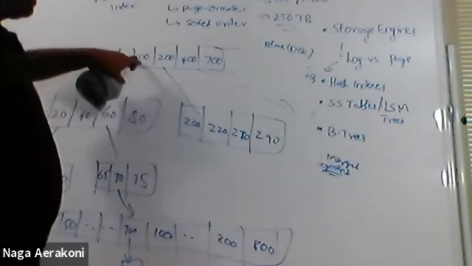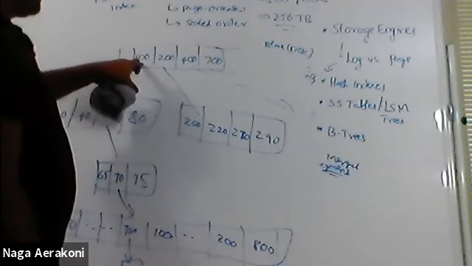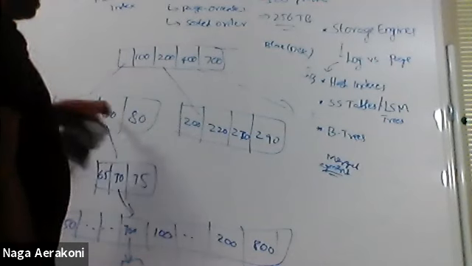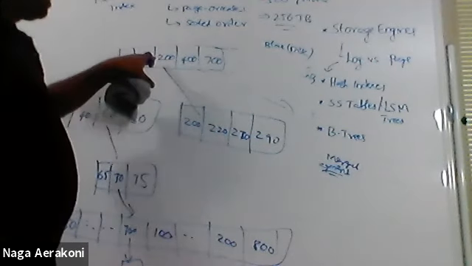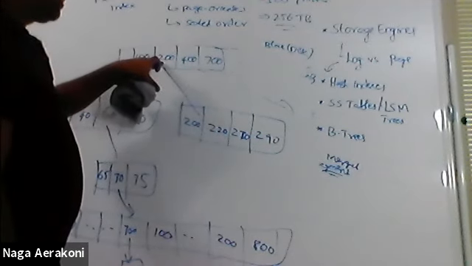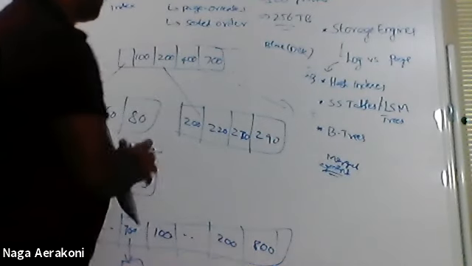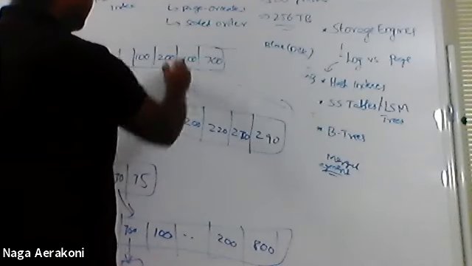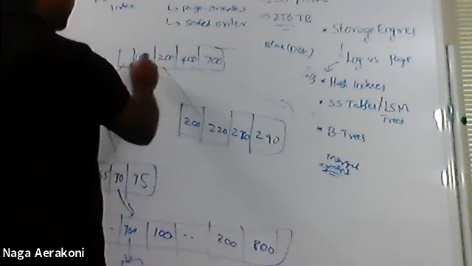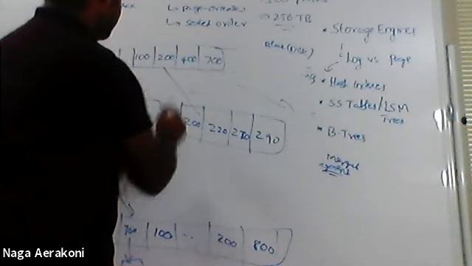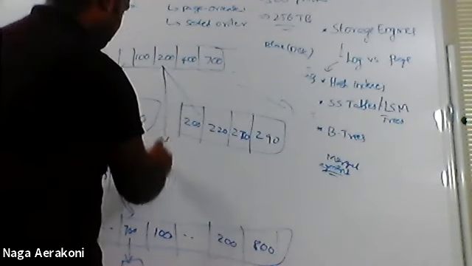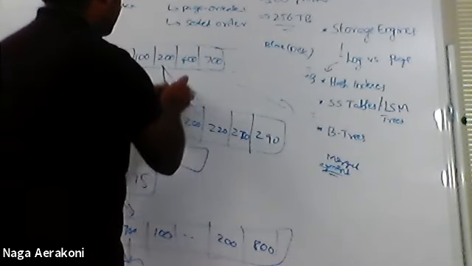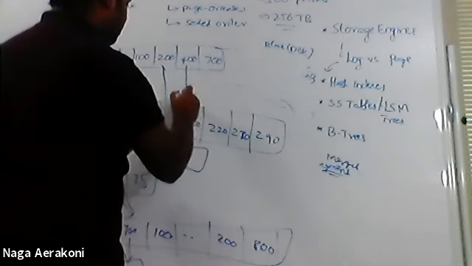When you say 100, it'll have all the keys less than 100 and including. And this 200, I think I didn't mention it correctly, will have the keys less than 200 and greater than 100. So there will be another tree here, and this is pointing to 400 left.